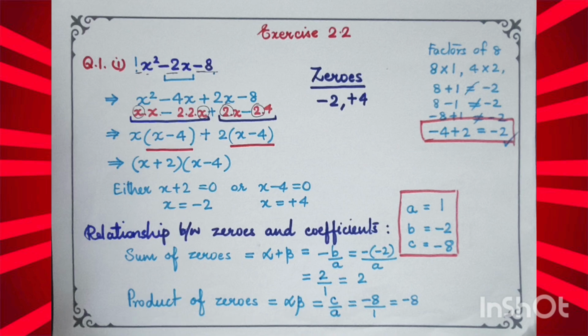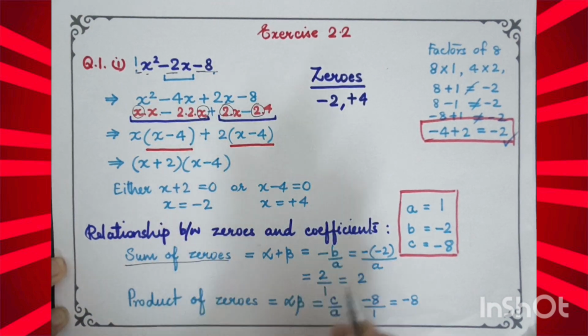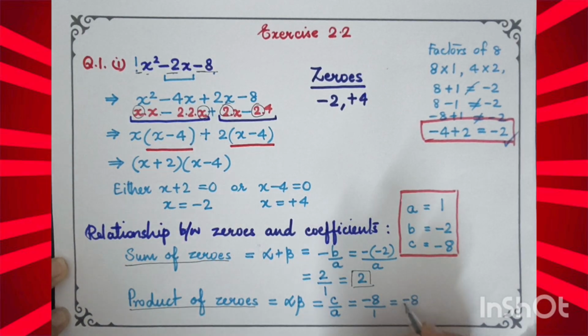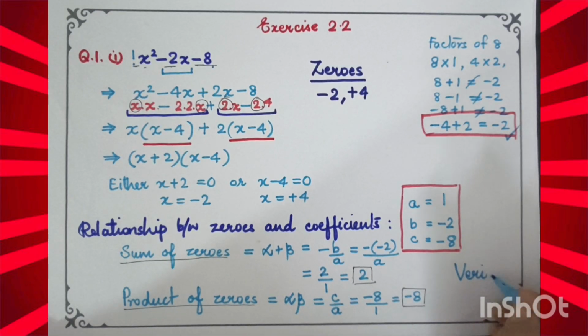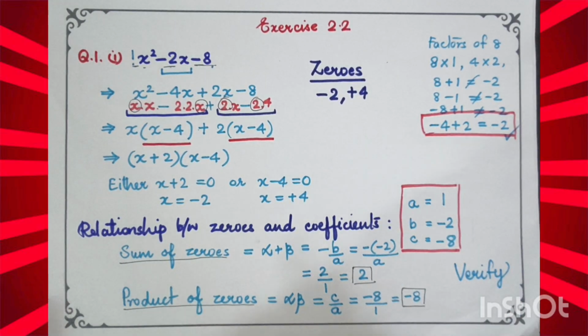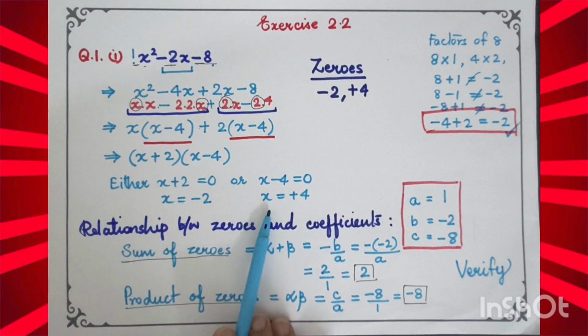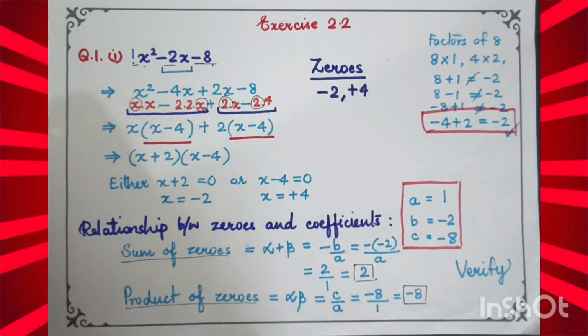Now the question is that we have to verify the relationship between zeros and coefficients. To verify the relationship, we already found the zeros earlier in the first step, that was minus 2 and plus 4.